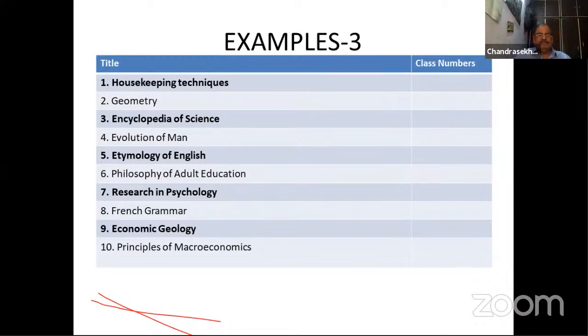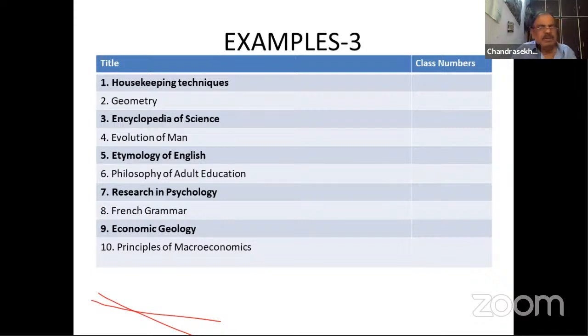Then the next title is Evolution of Man. Title number 4. All these titles occurred in the previous batches, so I'm taking them from there. Evolution of man. Where do you study evolution? Life sciences. Zoology we study, botany we study, but basically we study all this in biology. What is the number for biology? 570.